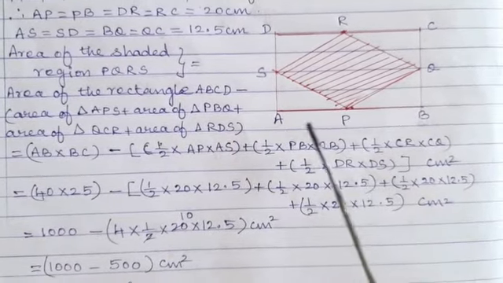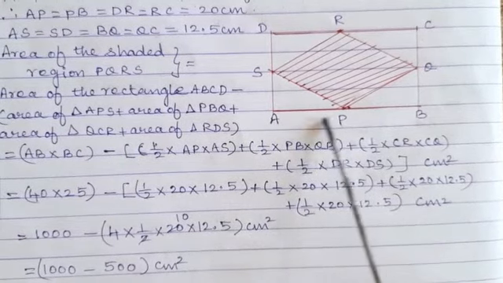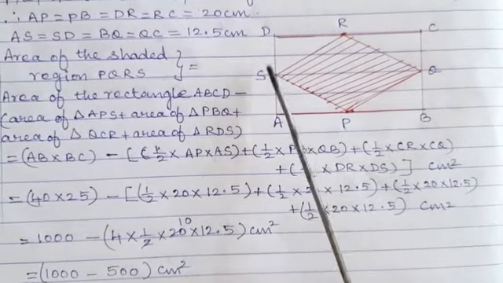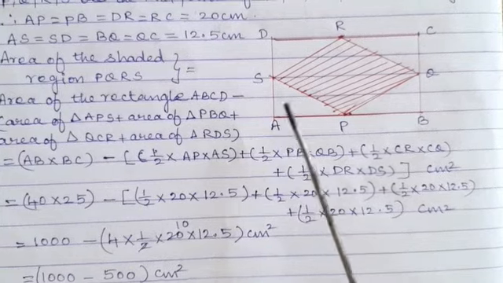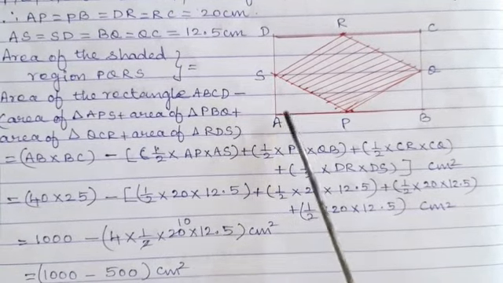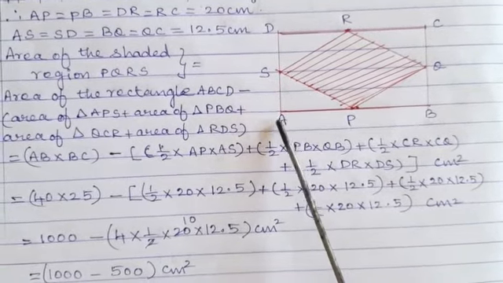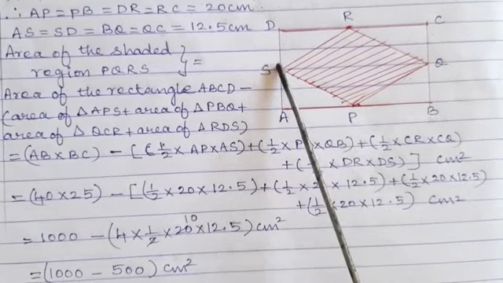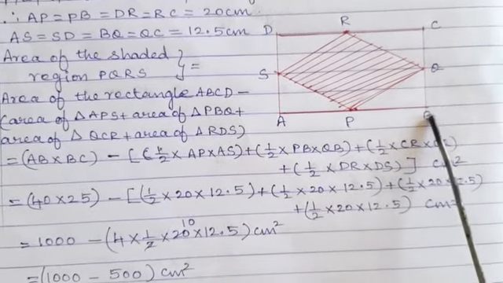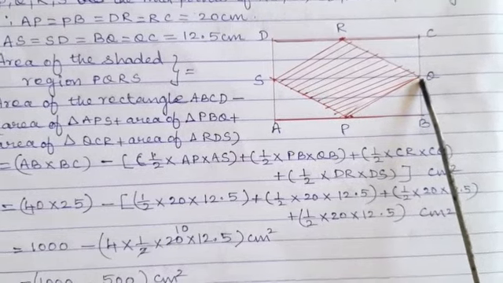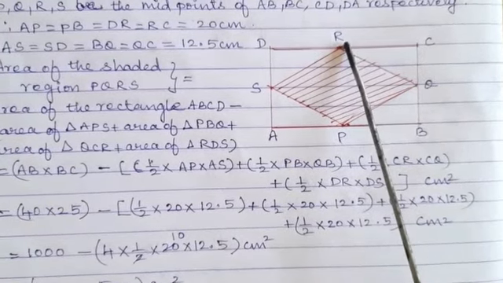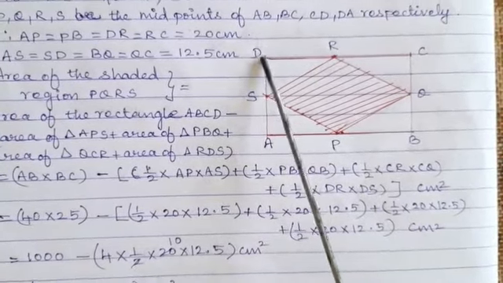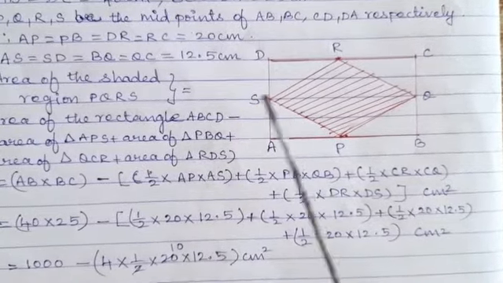Come to the figure now. This is the rectangle area. From the rectangle area, we have to subtract the 4 triangles. That is APS, one triangle, BPQ, second triangle, QCR, third triangle, RDS, that is the fourth triangle.